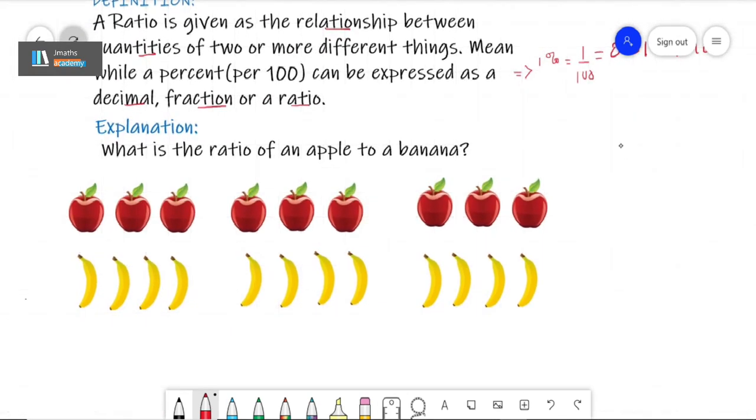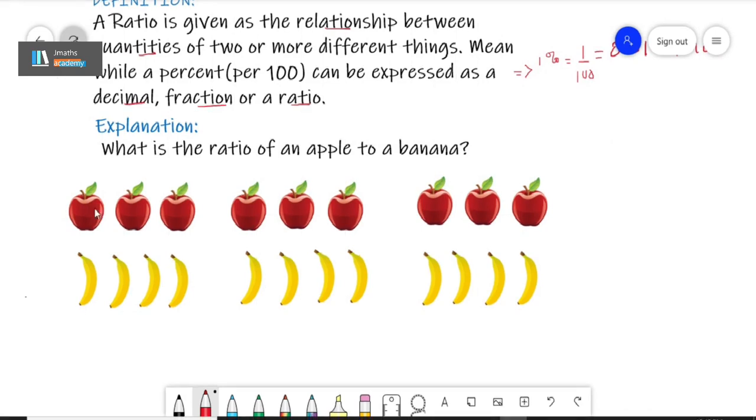So here we have a question: what is the ratio of an apple to a banana? We have 1, 2, 3, 4, 5, 6, 7, 8, and 9, so we have here 9 apples. And we have 1, 2, 3, 4, 5, 6, 7, 8, 9, 10, 11, and 12. We have 12 bananas.